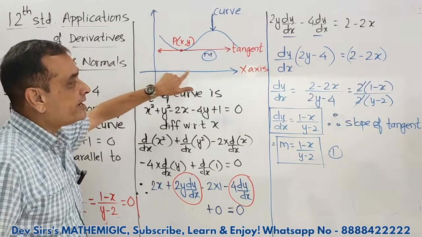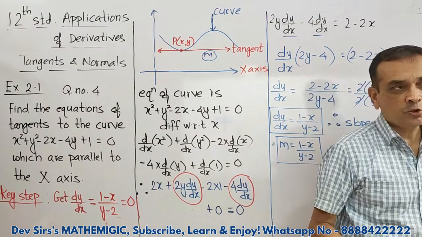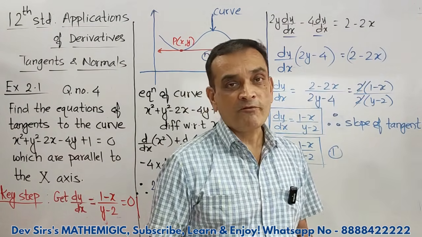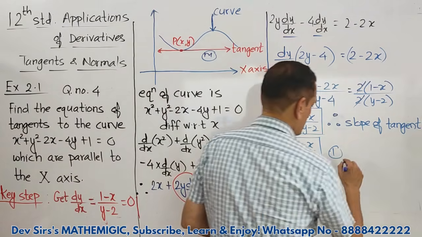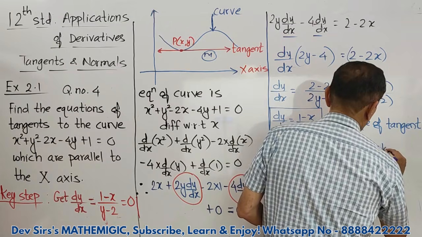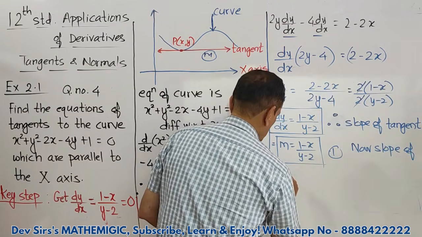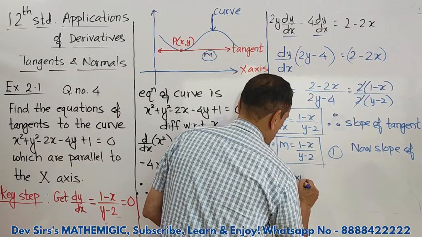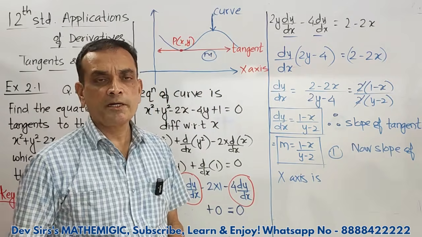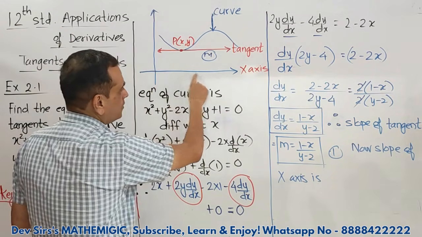Okay, so now what is given? Tangent is parallel to x-axis. So friends, tell me what is the slope of x-axis? Remember, you have learnt in the 10th standard, slope of x-axis is taken as 0.